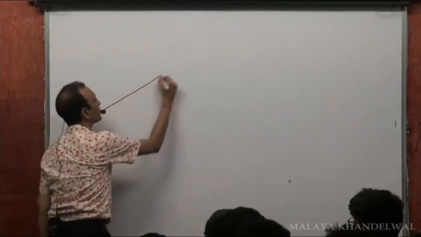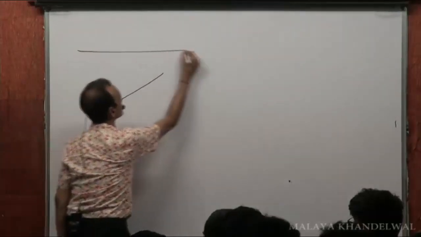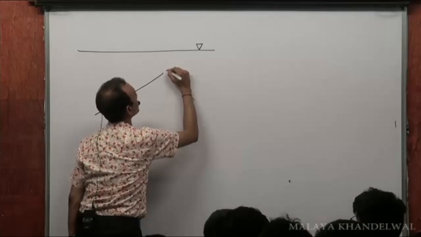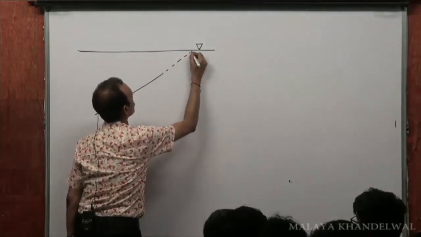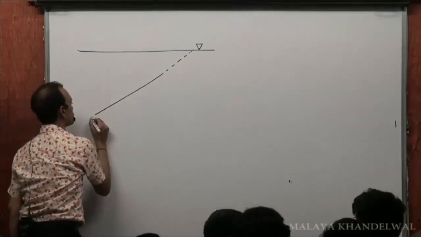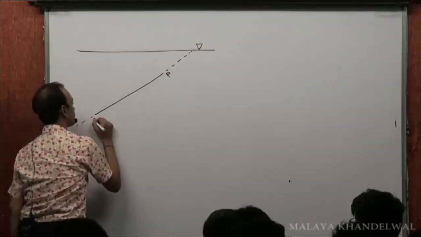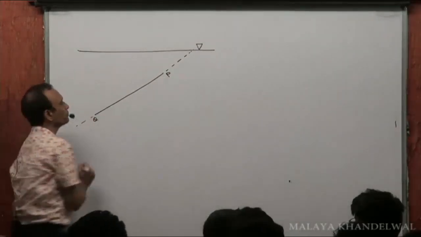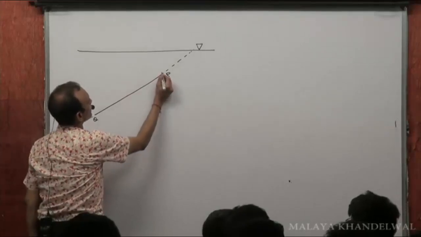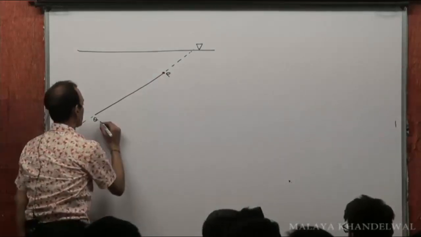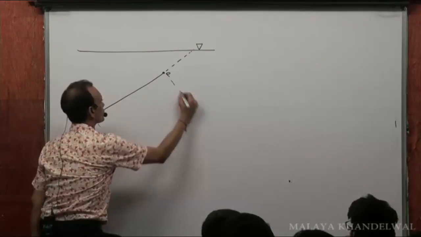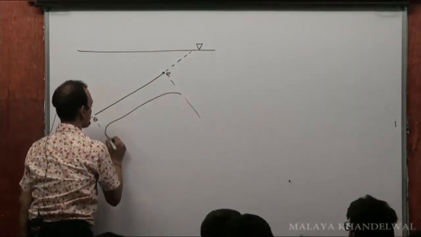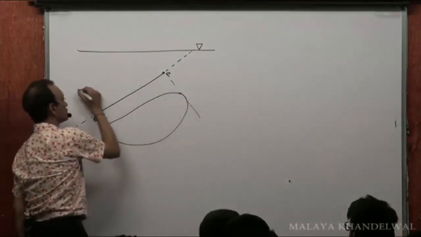See, again, think about it. The perpendicular component is never needed. This is my surface, PQ, and this is the view of this surface.